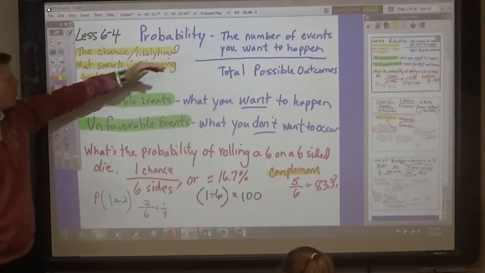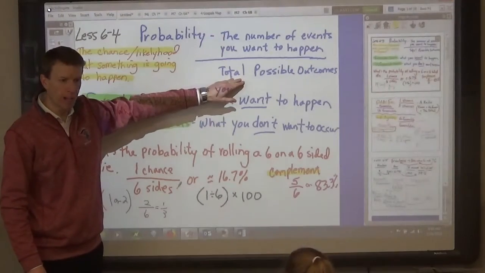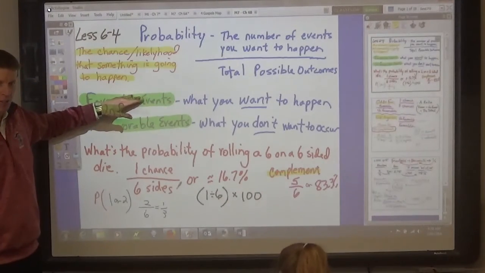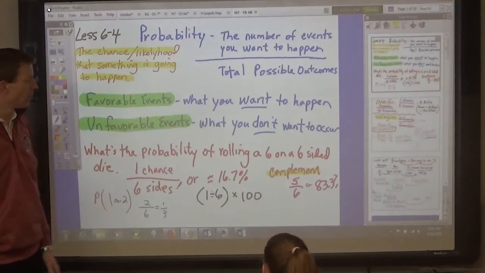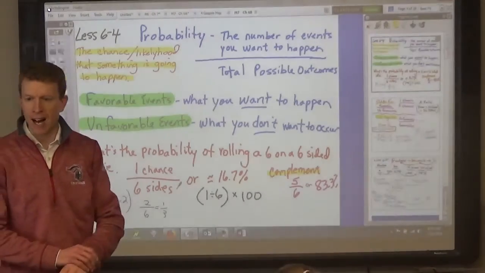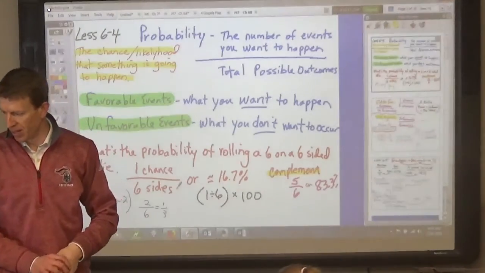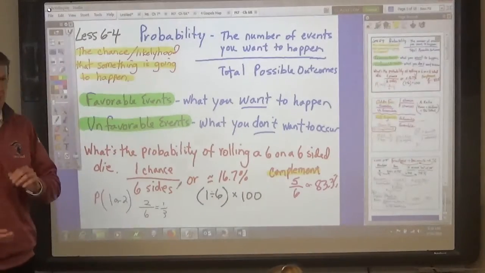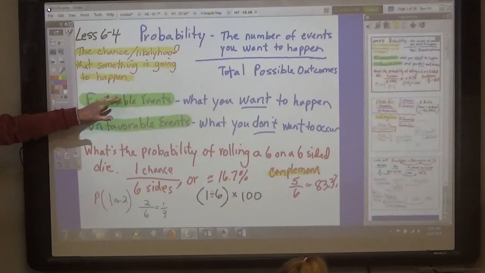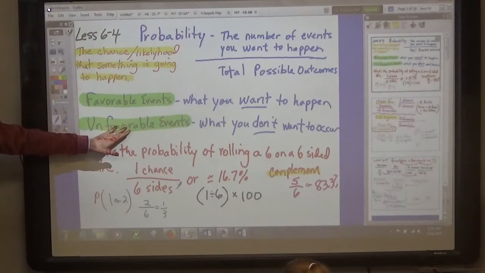So it's not what you want to happen out of the total possible, it's what you want to happen, the favorable, over the unfavorable. And in probability terms, we call those the odds of something happening. Yeah. The odds that something will happen out of the chances that it won't happen.